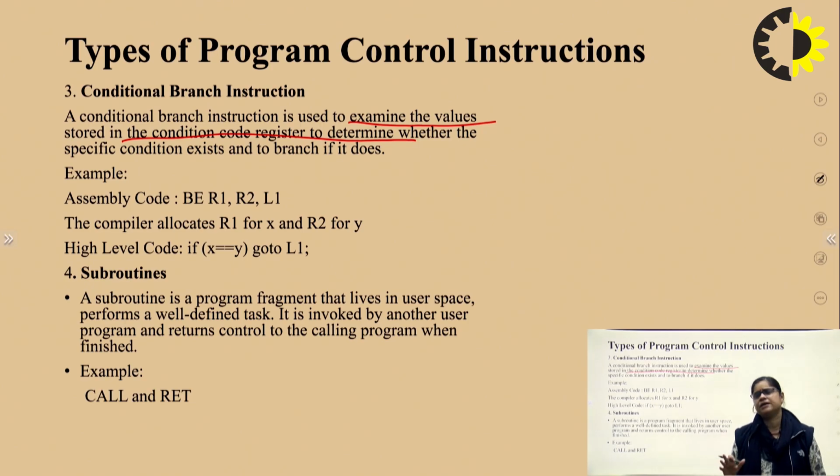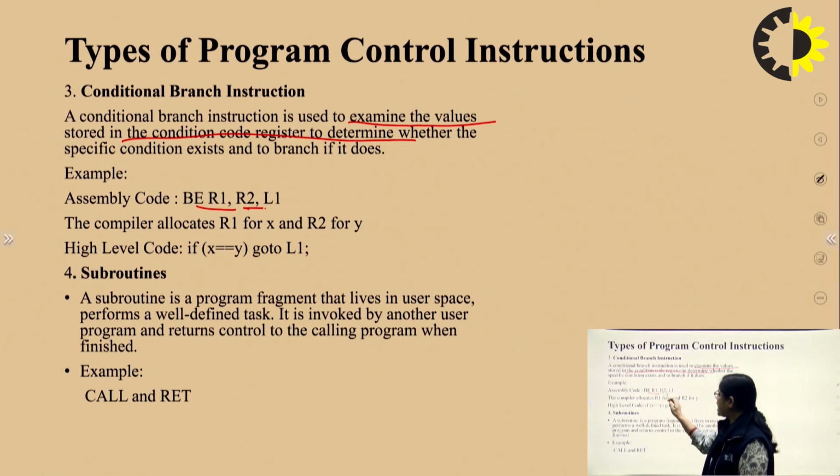So these are the conditional statements, or conditional branch instructions, through which if the condition exists, then that thing will happen. But if the condition does not exist, then whatever the previous task was, only that will happen, right? For example, in the assembly code, that is BE R1 and R2 L1.